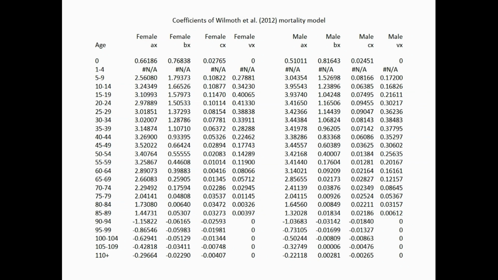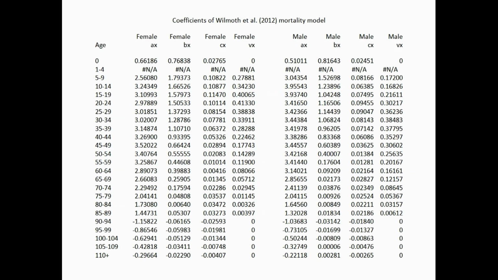Now, the coefficients are not really that important. We can just note that the VX column, which are columns 4 and 8, are 0 in infancy and at ages 90 and over, and then there is no value for ages 1 to 4.